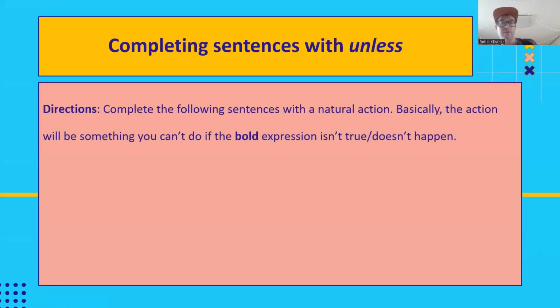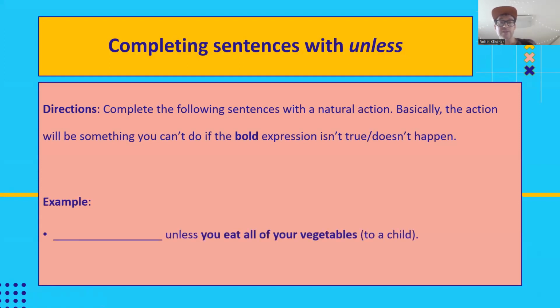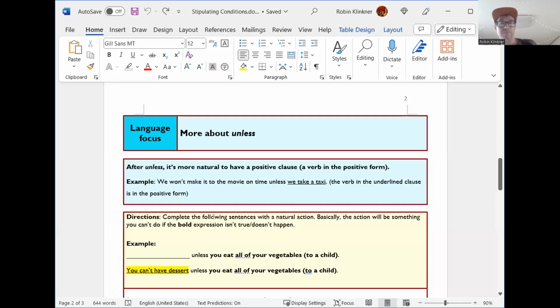So for the next activity in that handout, you want to complete the sentences with a natural action. Basically, the action will be something you can't do if the bold expression isn't true or doesn't happen. So this is the next activity here. Okay, page 2.